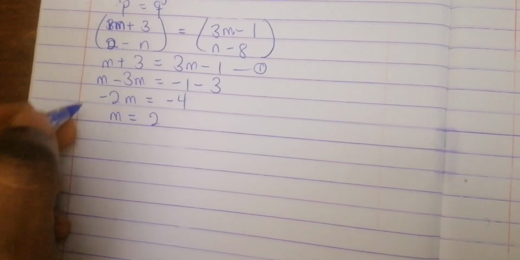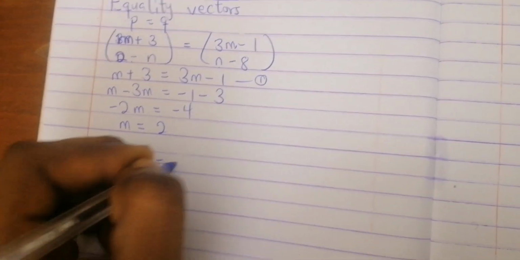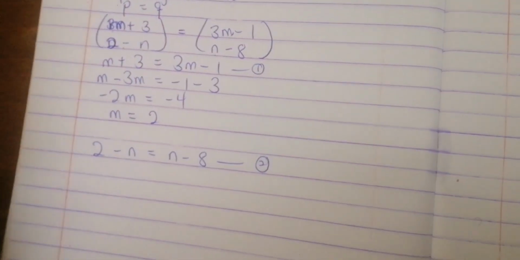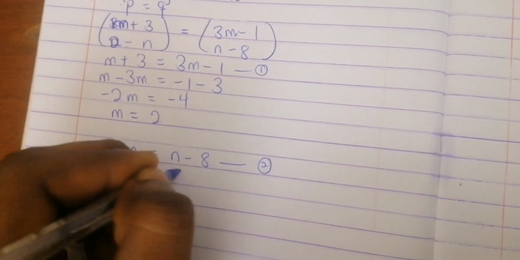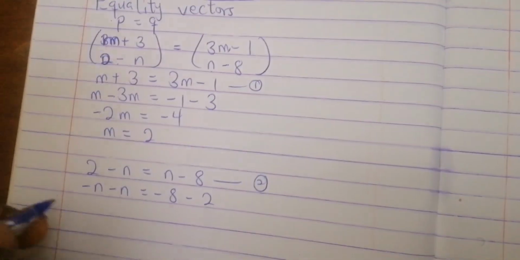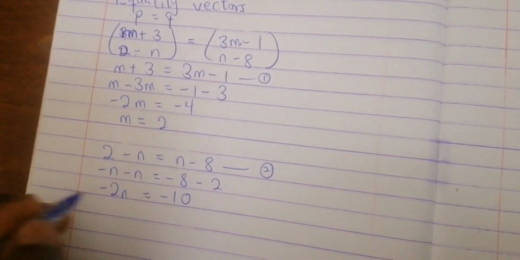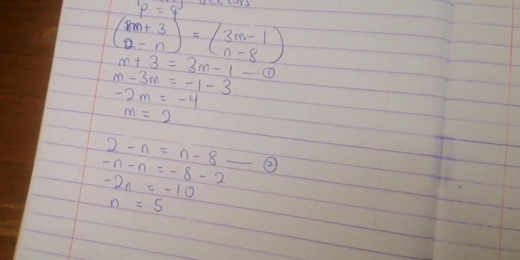And then the second equation is 2 minus n is equal to n minus 8. Call this equation 2. We group terms. So we have negative n minus n equals negative 8 minus 2. We have negative 2n equals negative 10. So we divide both sides by negative 2 and n is equal to 5.